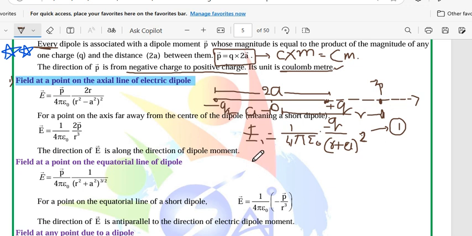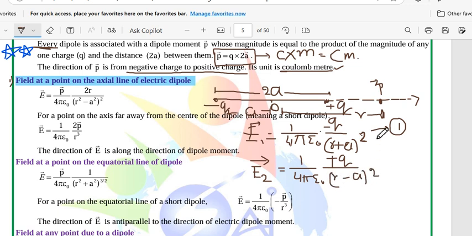Am I right? And if we consider electric field E2, the electric field at point P due to plus q, whose value will be 1 by 4 pi epsilon naught of plus q divided by (r minus a) whole square.